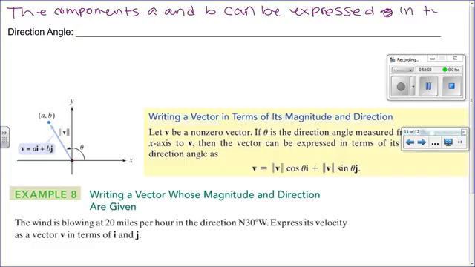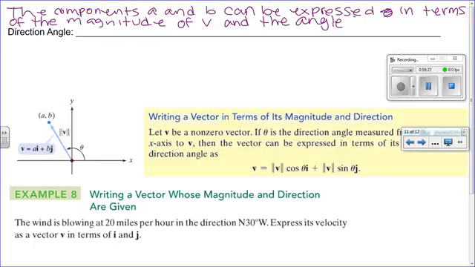In terms of the magnitude of the vector, which we're going to call B, and the angle theta that B makes with the positive x-axis.